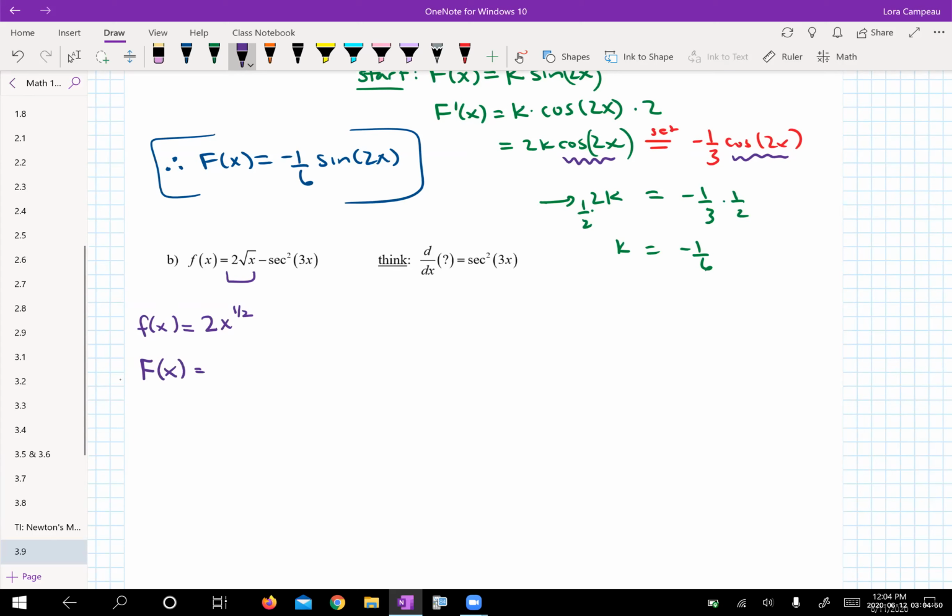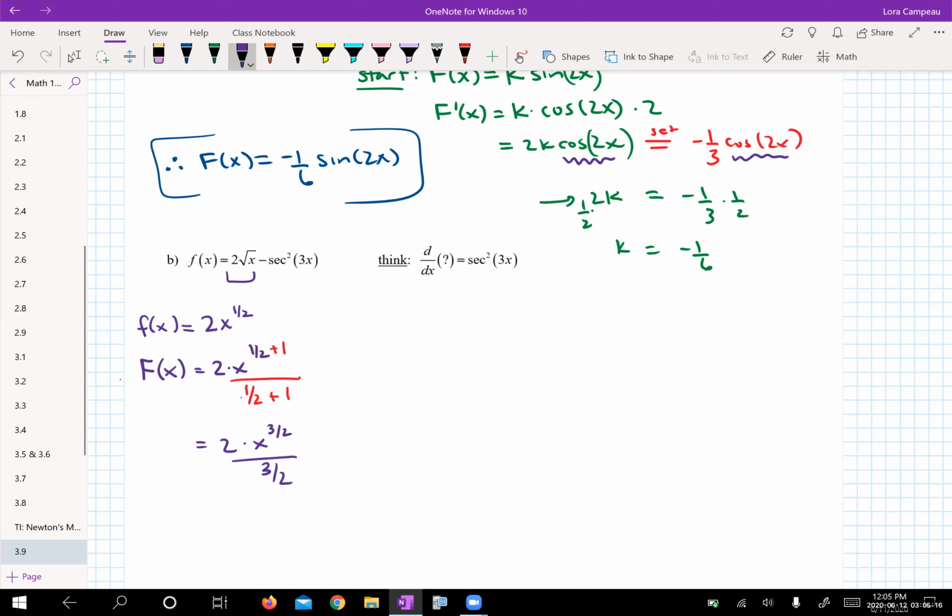So the constant is going to remain the same. What I do is take the x to the 1/2, add 1 to it, and divide everything by the result of that exponent. So we can just take it easy on this part and take your time. That's 2x to the 3/2, still divided by 3/2.